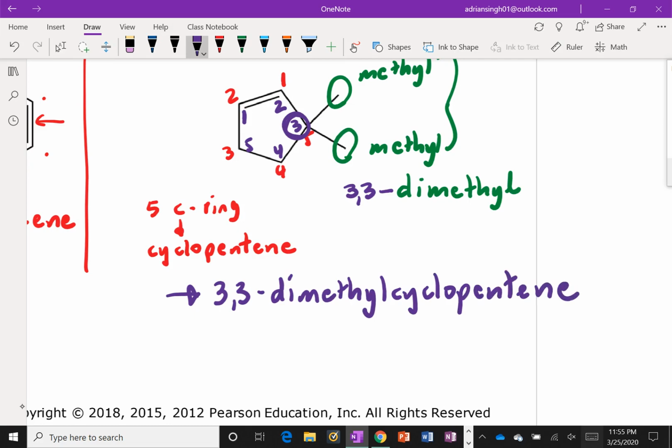Okay, and as you can probably see, when you start naming your organic compounds, and these are relatively small organic compounds, even though they're so small, the names look like they're huge. So you can imagine, if you were to name a compound that's maybe twice this size or 3 times that size, how long the name can be.